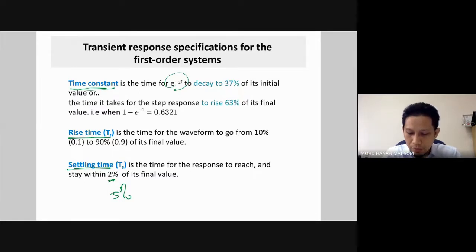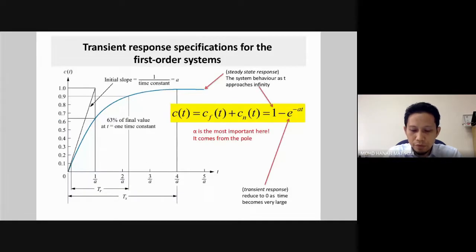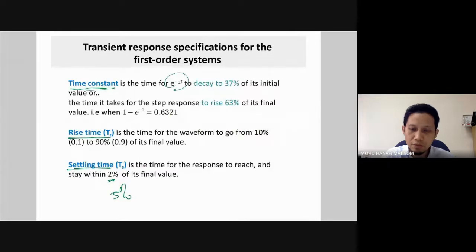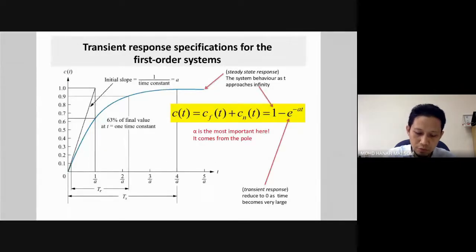Okay, so go back to the previous slide. When we put it in the plot here, the time constant is here. We have from 0 to reach 63% of final value.